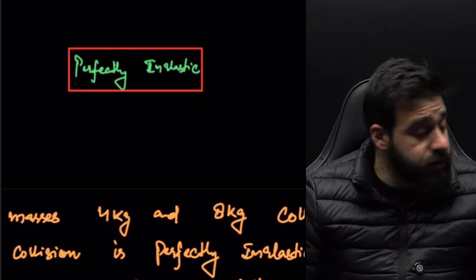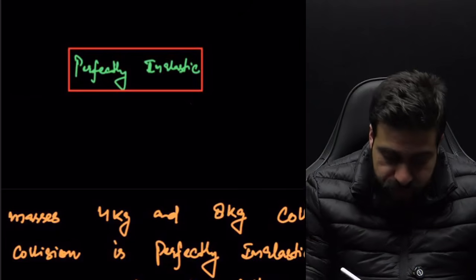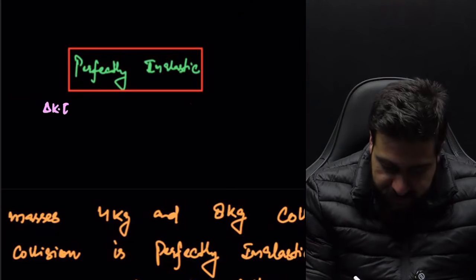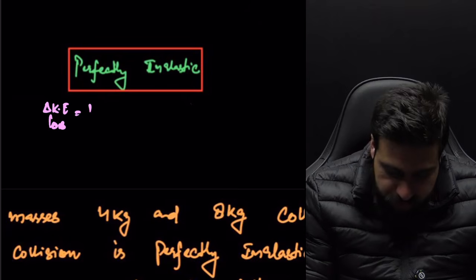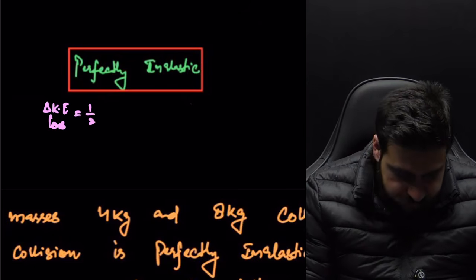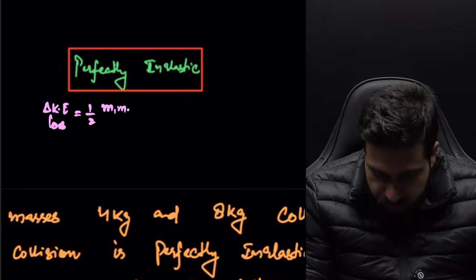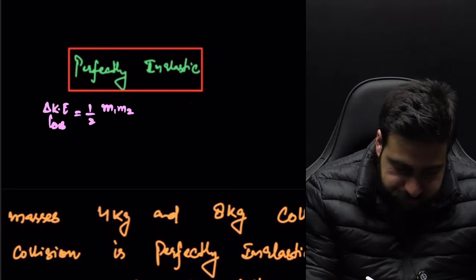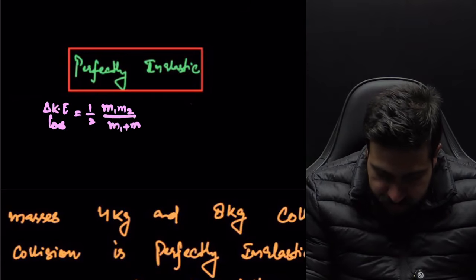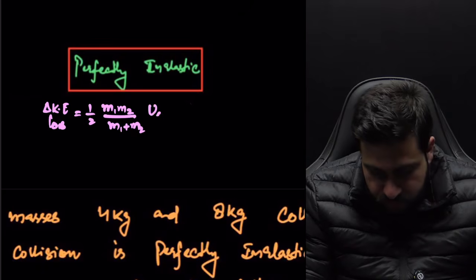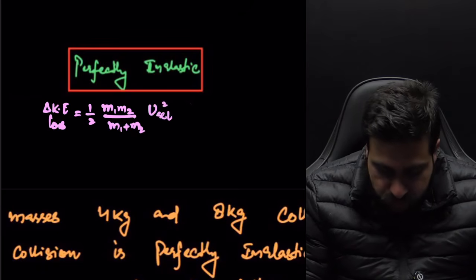What about loss in perfectly inelastic? Delta KE loss is simply going to be 1 by 2, then m1 m2 upon m1 plus m2, then u relative square.